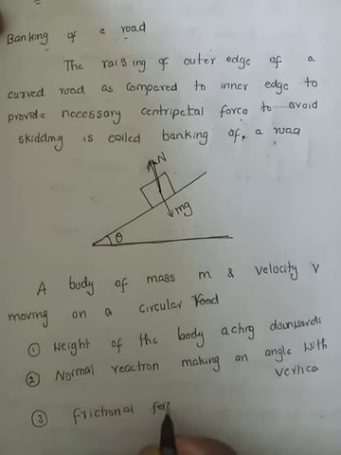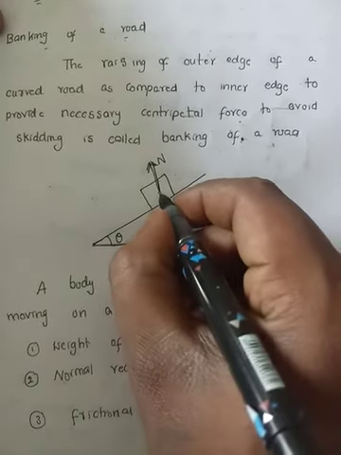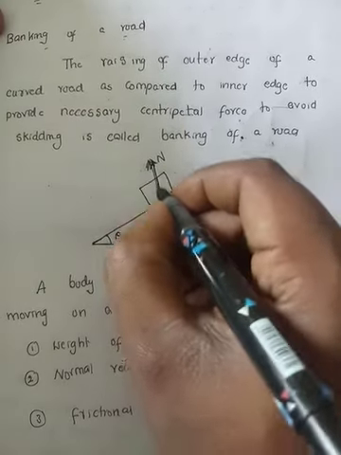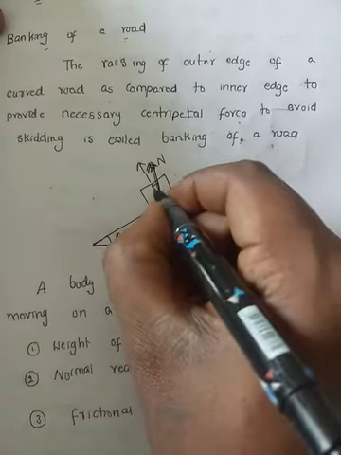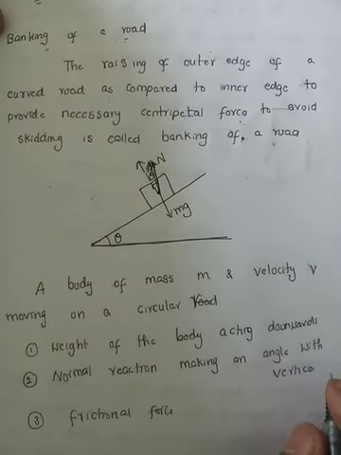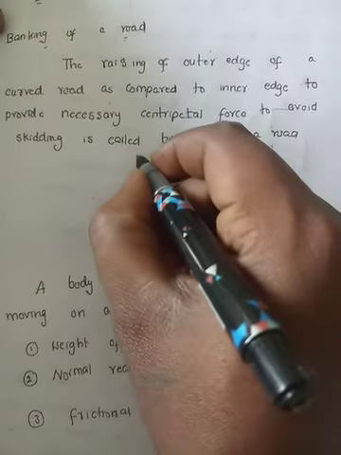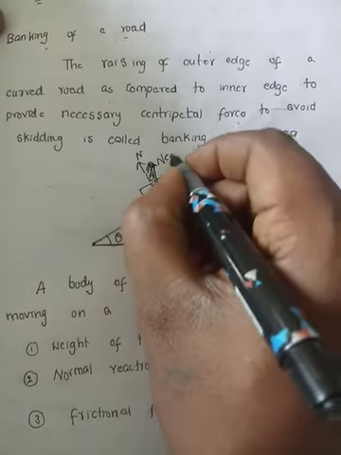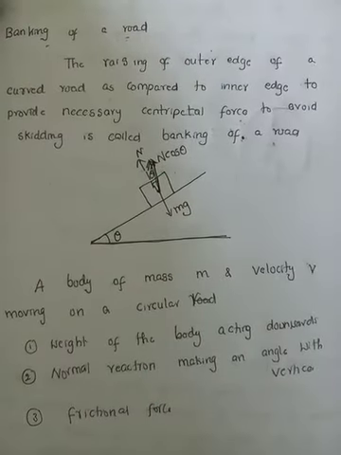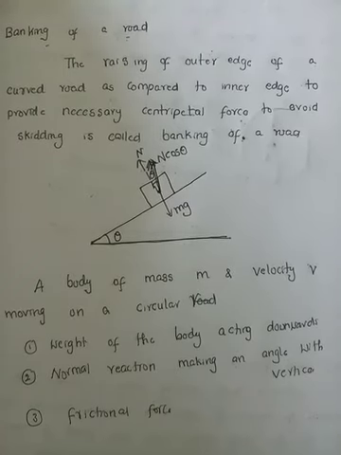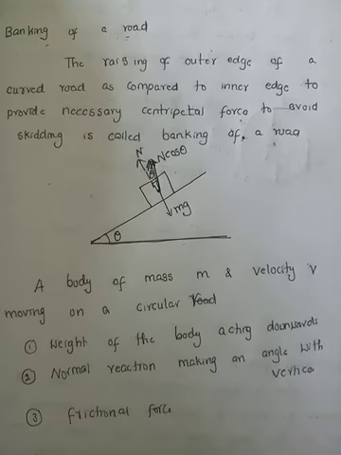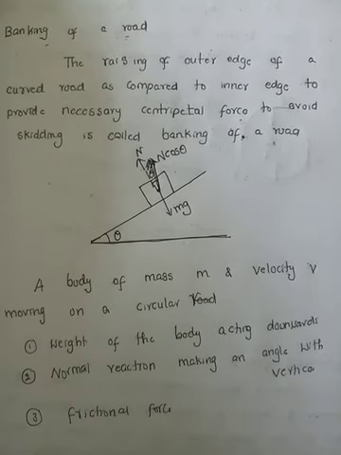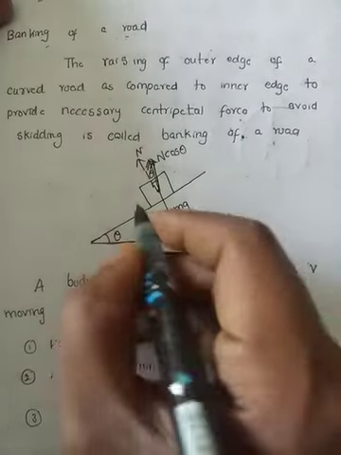See the diagram now, it is very important. So it is making an angle theta. Okay, let us draw a vertical. So this is the vertical, it is making angle theta, and you know that this is the normal and this is N cos theta. The vertical component of the normal is N cos theta. And one more component acts. What is that?